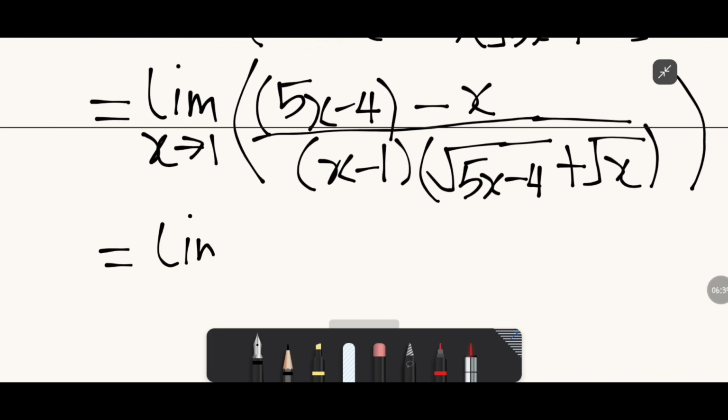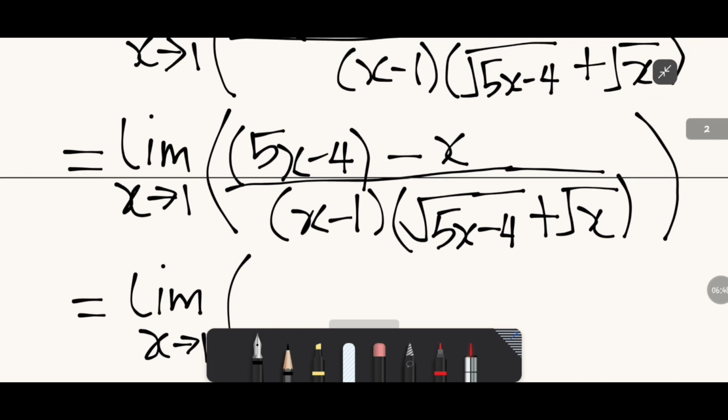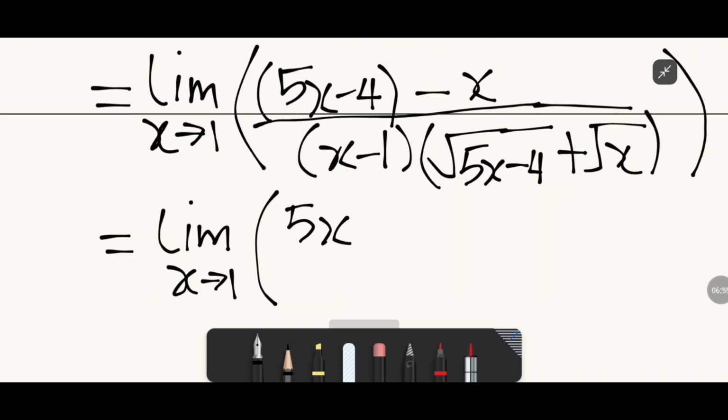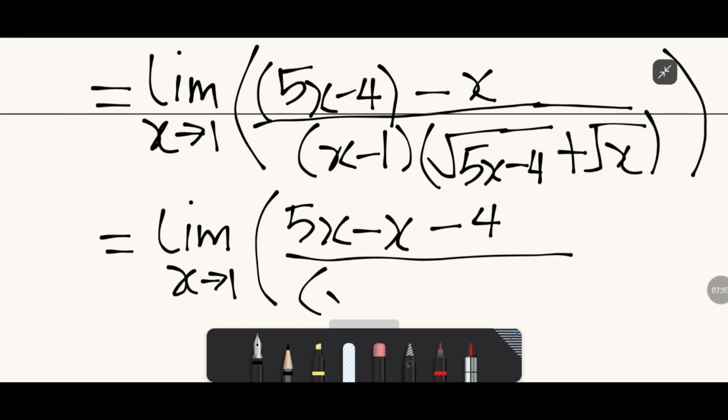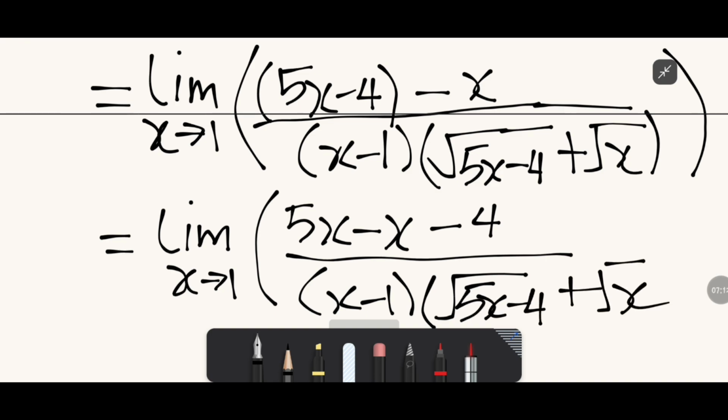Now let's collect like terms in the numerator. So collecting like terms, we have 5x minus x minus 4 all over x minus 1 times square root of 5x minus 4 plus square root of x.